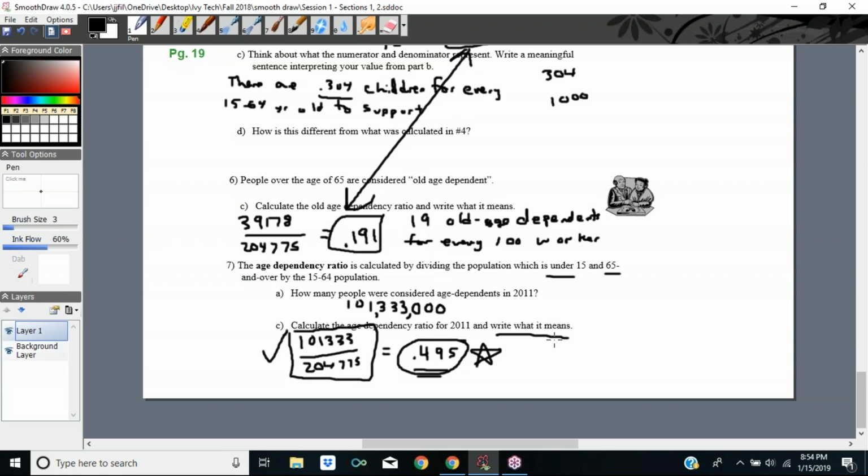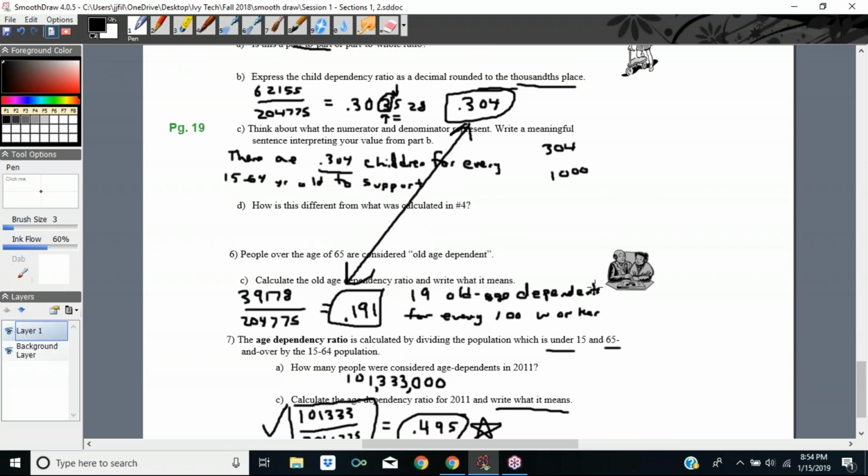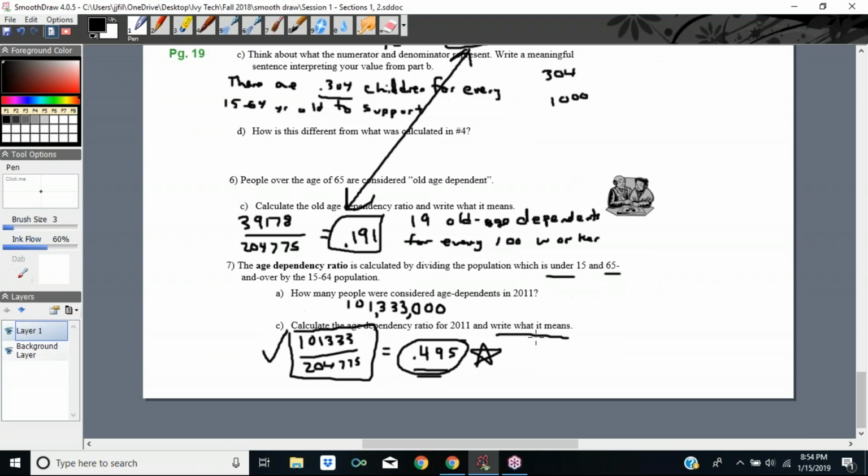My philosophy is, you already found these two, so just add them together to get the total age dependency ratio, instead of figuring out all these numbers and then dividing again. Make it easy on yourself.